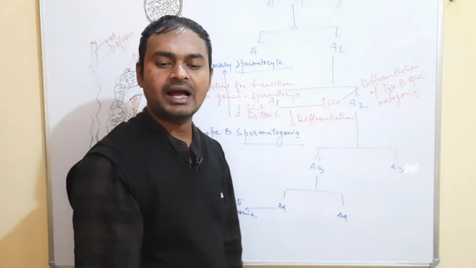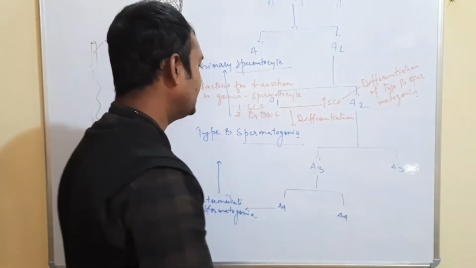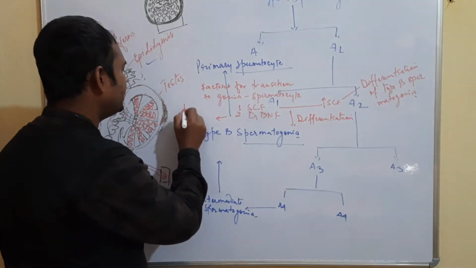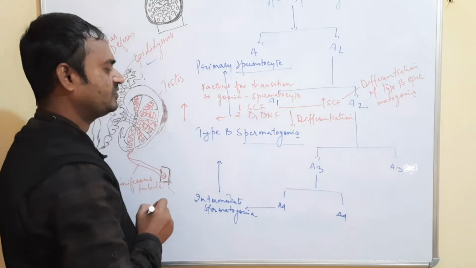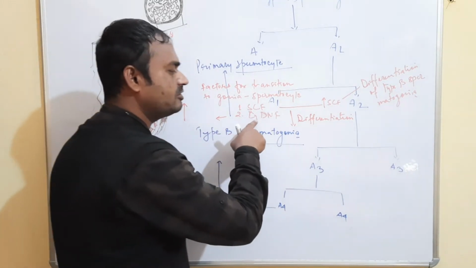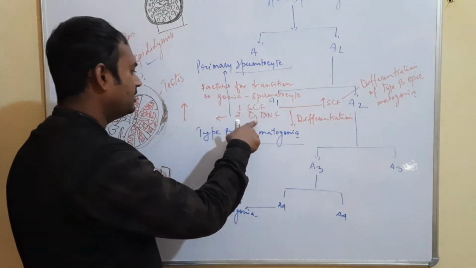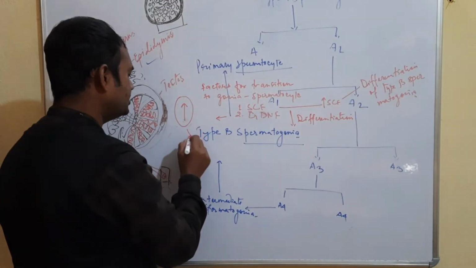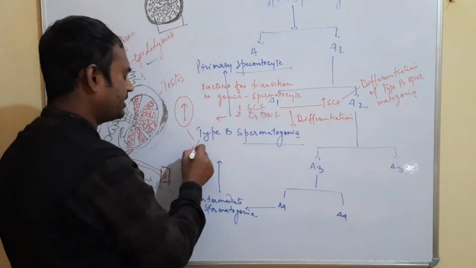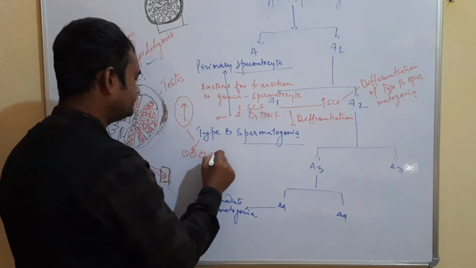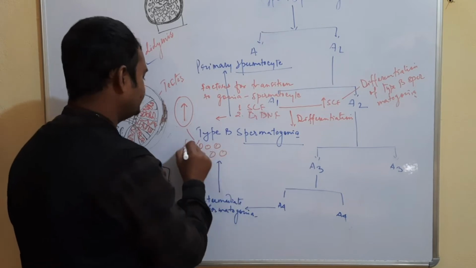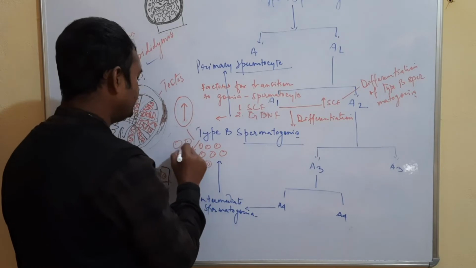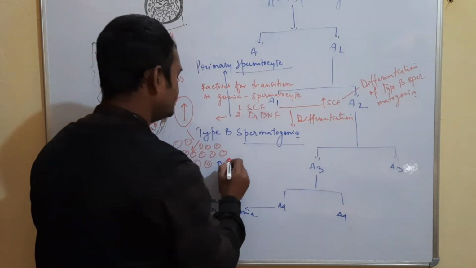Then what will happen thereafter? If the concentration of the GDNF is high, then what will happen? In that situation, the type B spermatogonia will keep on dividing and increase in number.